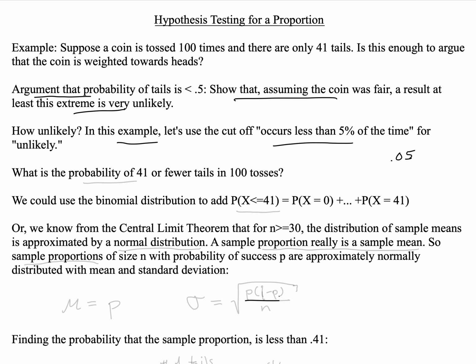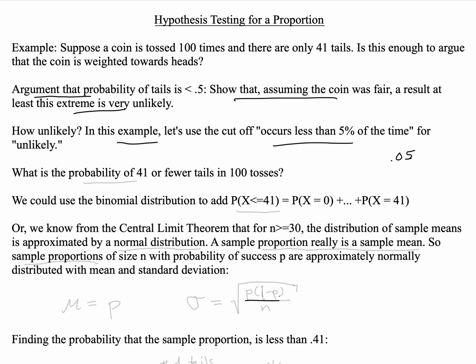So we want to find the probability that our sample proportion is less than or equal to 0.41, that there are 41 or fewer tails in 100 tosses. This is our sample proportion. In this case, it's the number of tails over the number of coin tosses, and that was 41 over 100. That's 0.41.